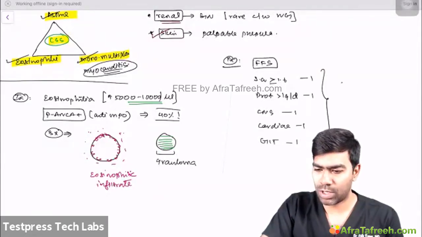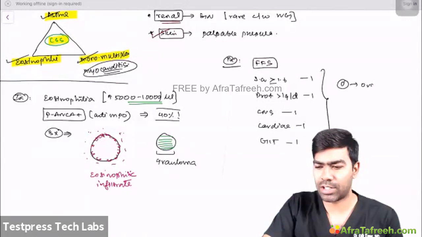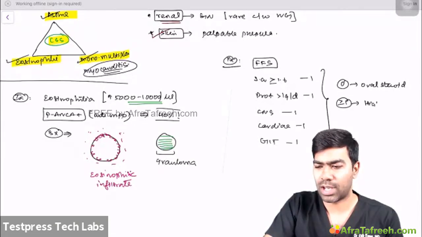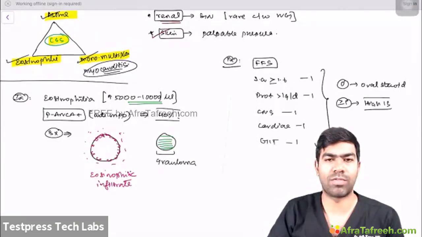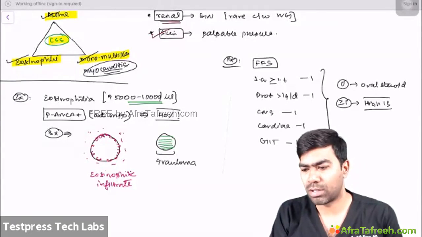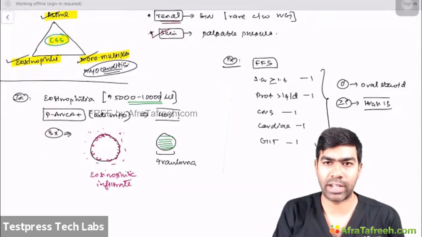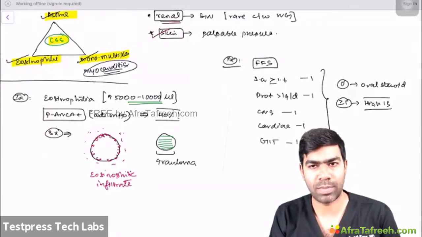If the score is 0, I'll just treat with oral steroid. That's enough. If the score is more than or equal to 1, then I have to use high-level immunosuppression, typically in the form of pulse methylprednisolone plus cyclophosphamide, or I can even use rituximab instead of cyclophosphamide.